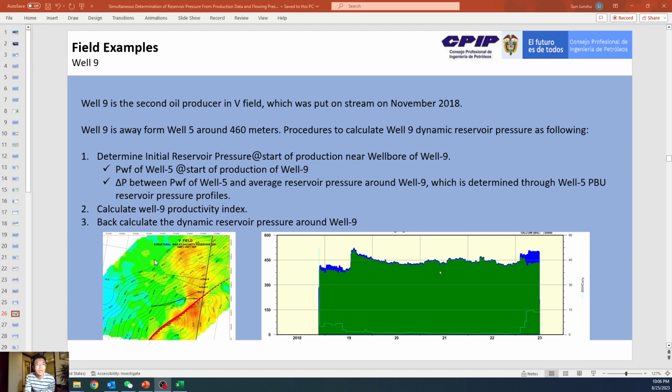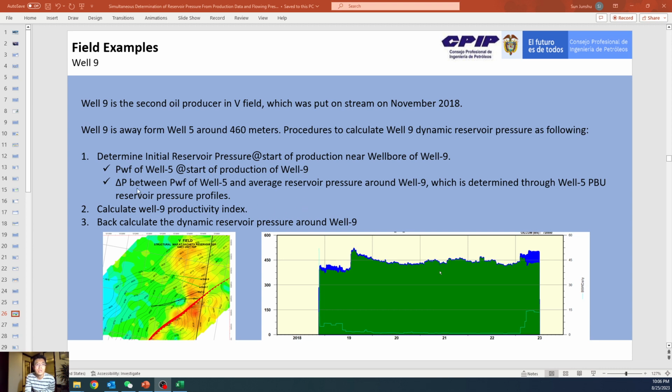First, determine the initial reservoir pressure at the start of production. We can use the flowing pressure of well 5 at the start of production of well 9.